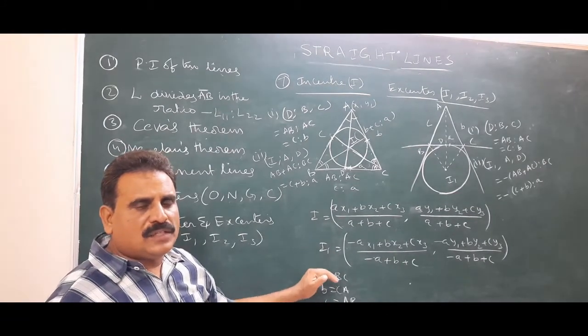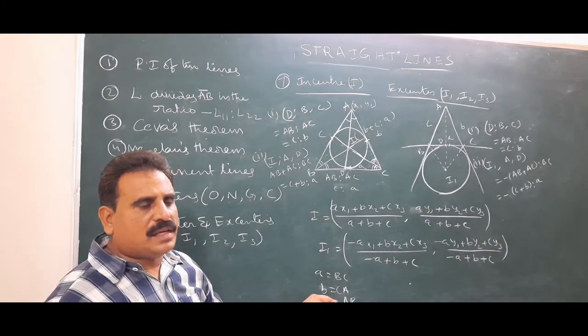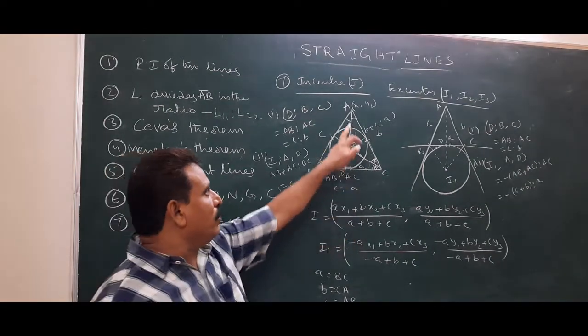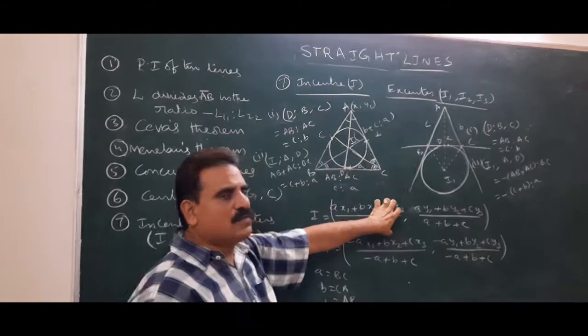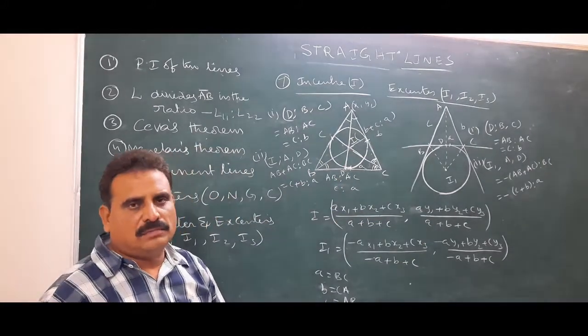By using the distance formula, we can find the lengths of the sides from the vertices x1, y1, x2, y2, x3, y3. By using this formula, we get the incenter.